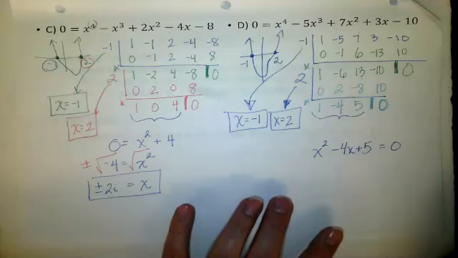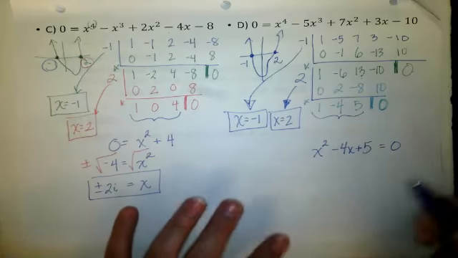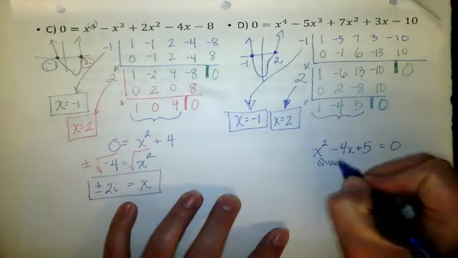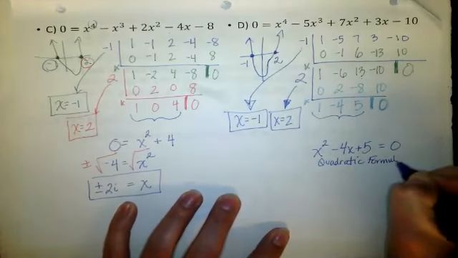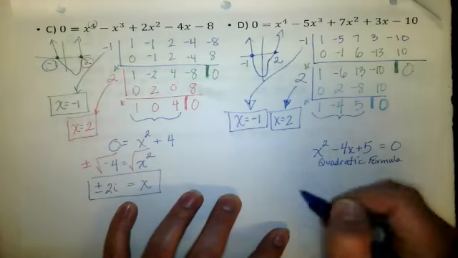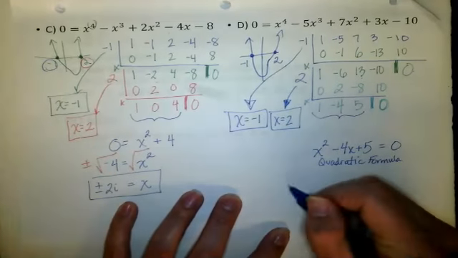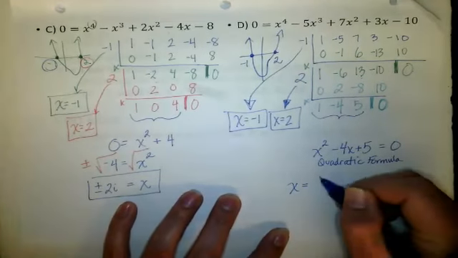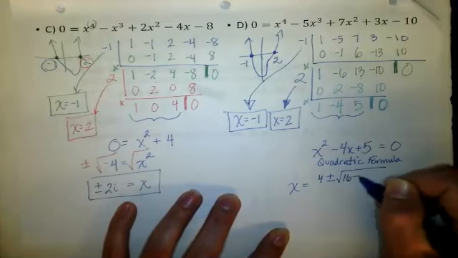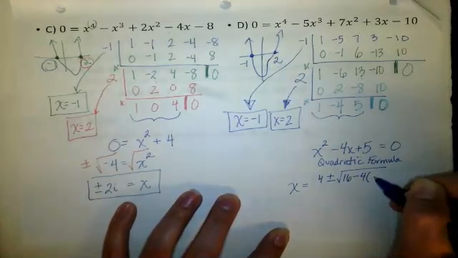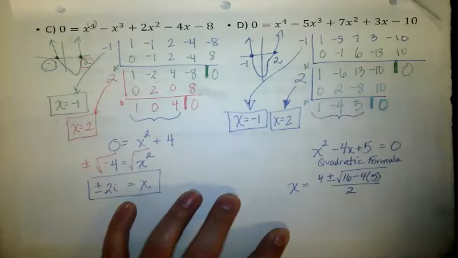No. Doesn't factor. So what do you do if it doesn't factor? Quadratic formula. Yay! Said no one ever. So quadratic formula, which is x equals the opposite of b plus or minus the square root of b squared minus 4ac all over 2a. Very good.